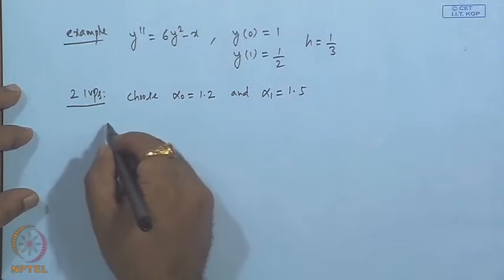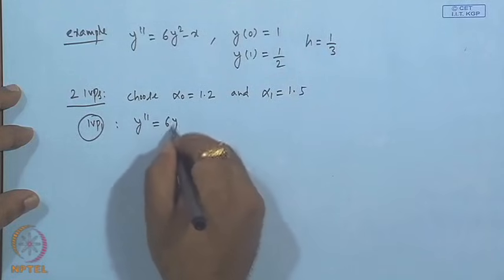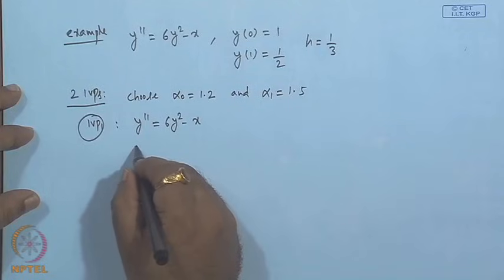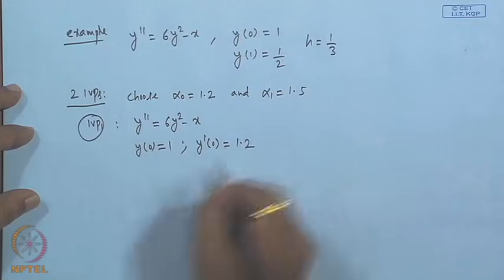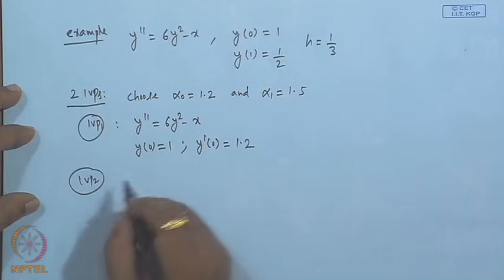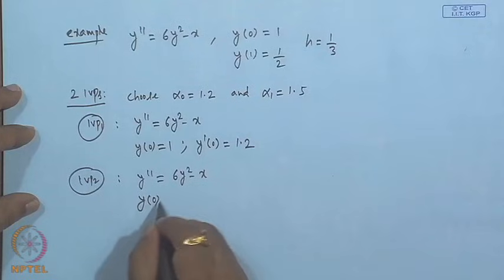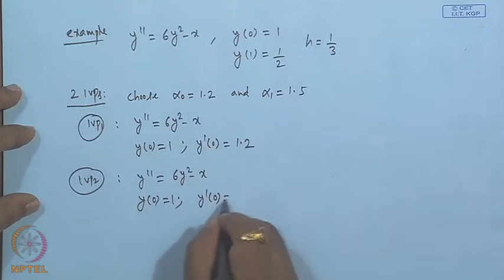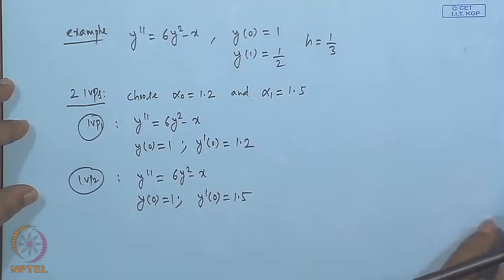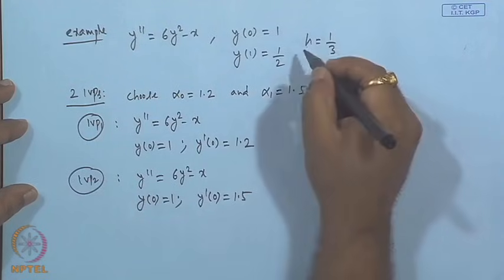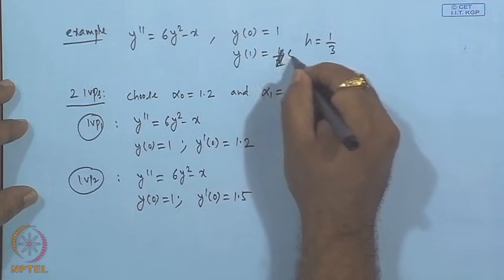So, that means we now define the IVPs: IVP 1, then IVP 2. Then y of 1, let us take 5.